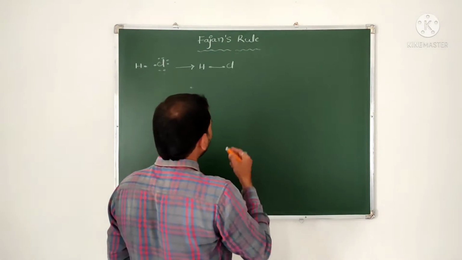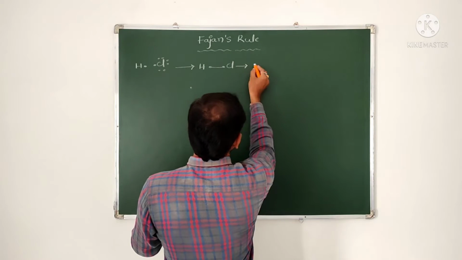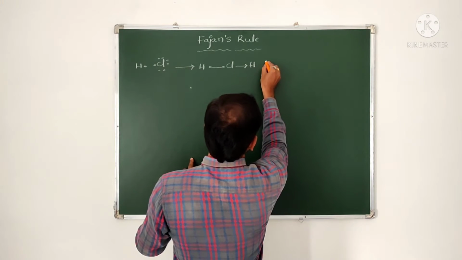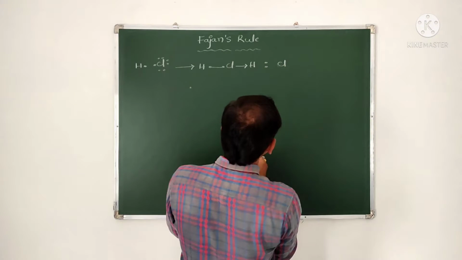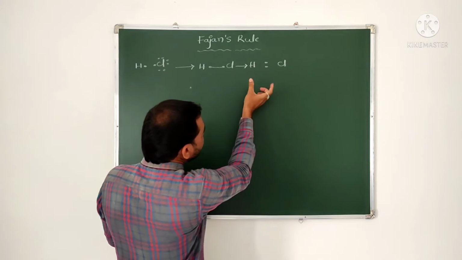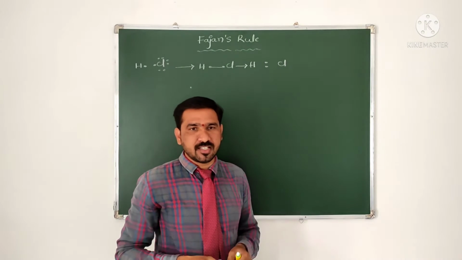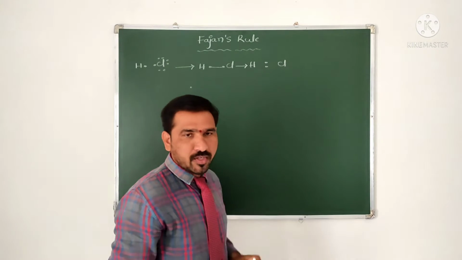Initially, the 2 electrons present in the covalent bond are at equal distance between hydrogen and chlorine, right?